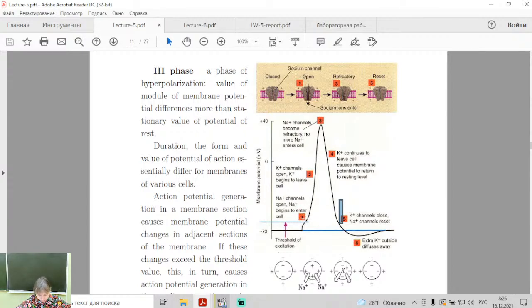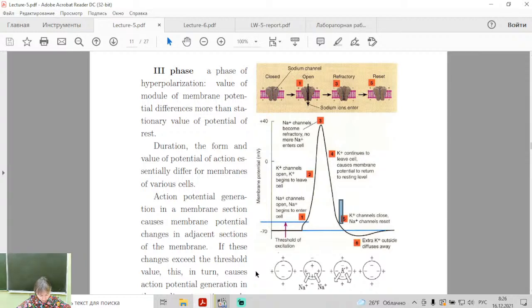Then the potassium channels open and the sodium channels close. Look at here. The bulk of potassium ions exit the cell.